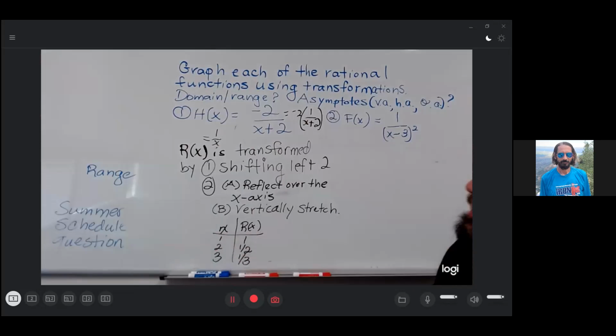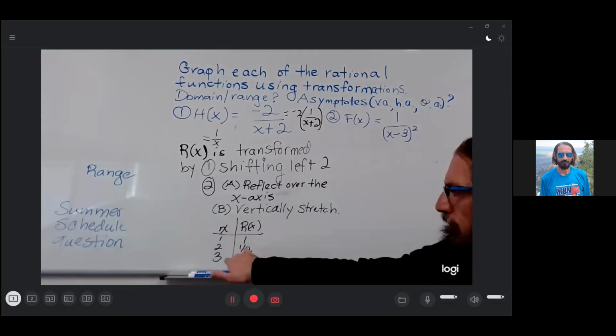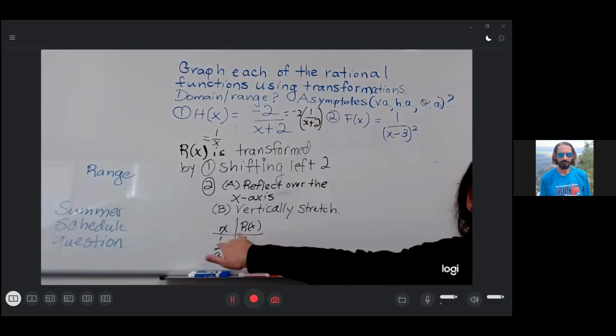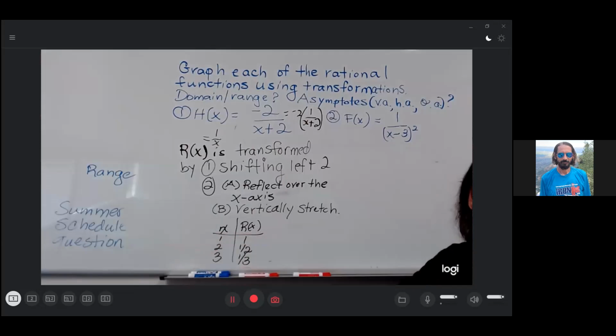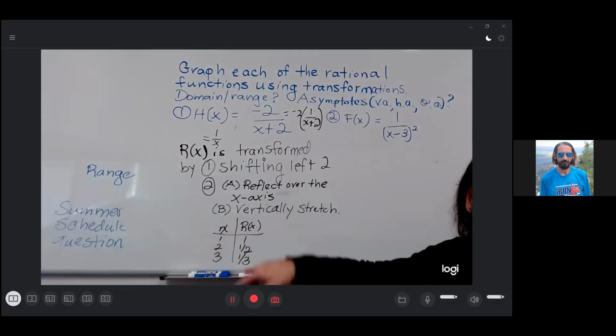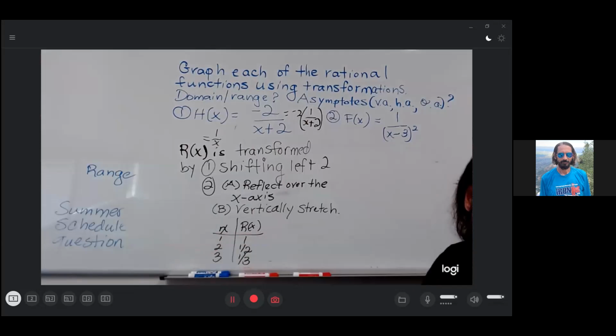And then apply origin symmetry to get -1, -1, -2, -1/2, and -3, -1/3. I'll write related things in just a moment.